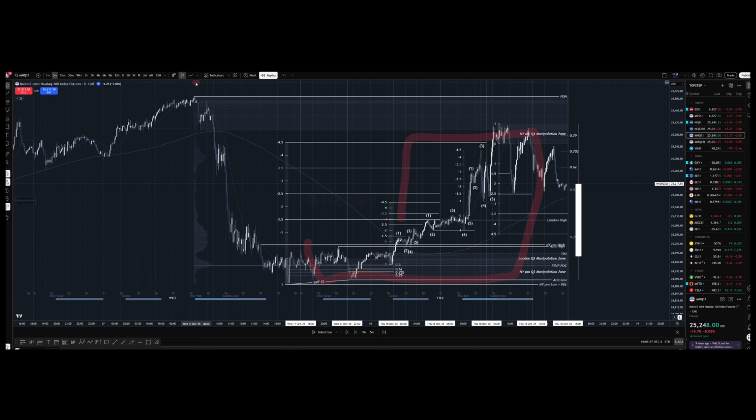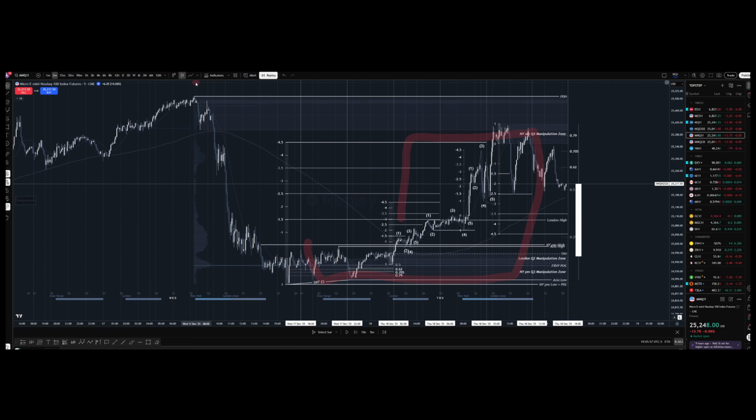And then we have our main POC, our point of control, from the swing down. So the main volume coming in here at the lows. When this happens, this is a good footprint or signature, we could say, for price to find some stability here for a retracement to come back up.